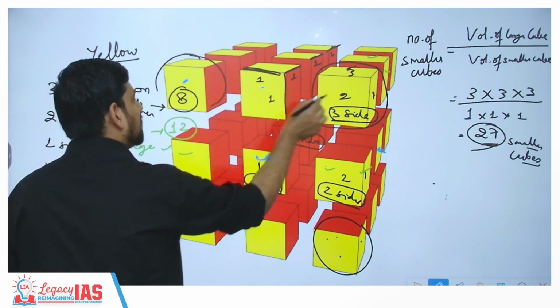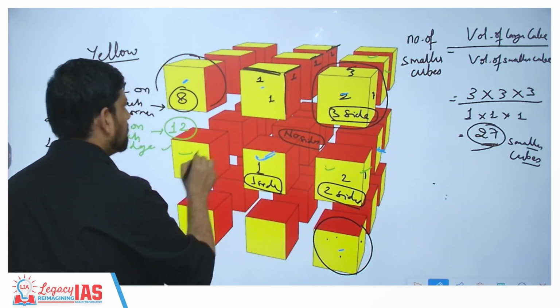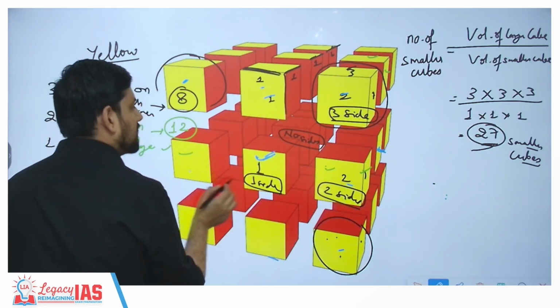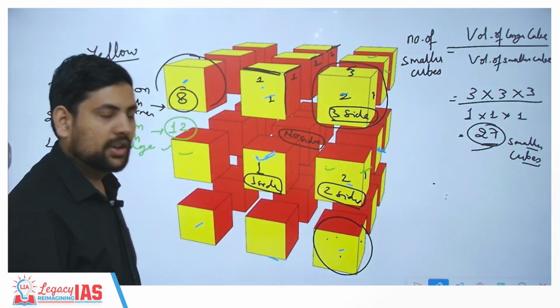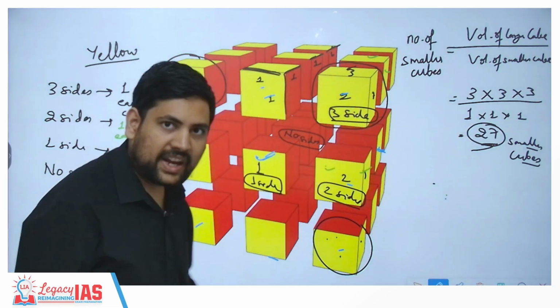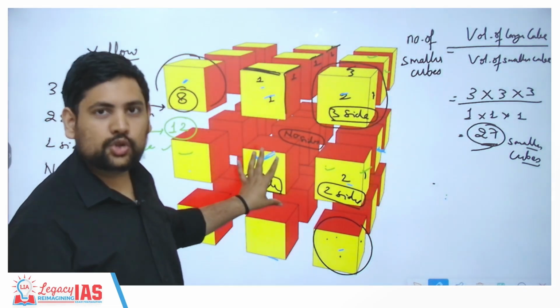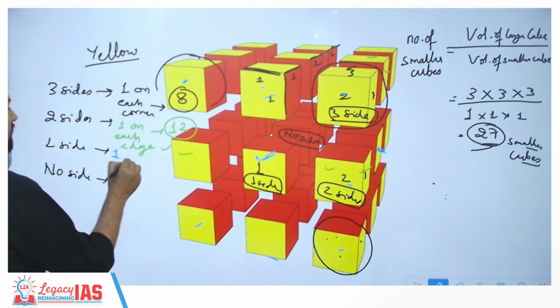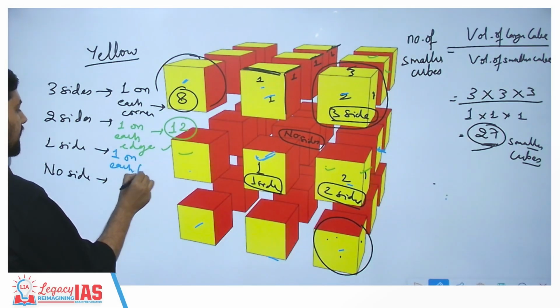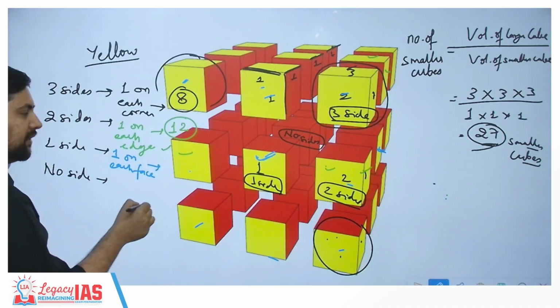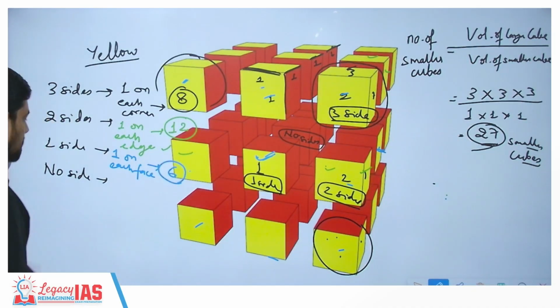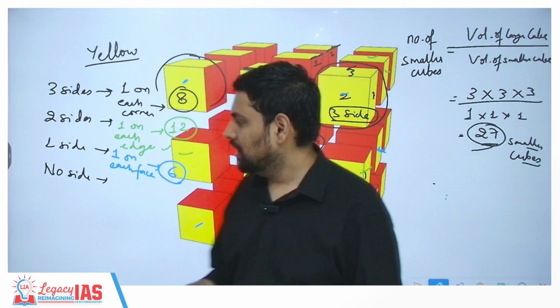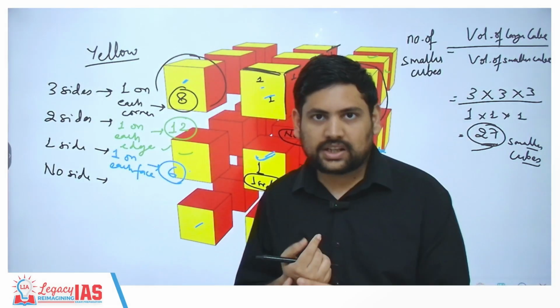This is two side. Which is left? Just this one. So basically on each face you will have one cube that will be only one side colored. So it is one on each face. That means how many faces do you have? We have 6 faces. So there will be 6 such cubes that are colored only on one side.